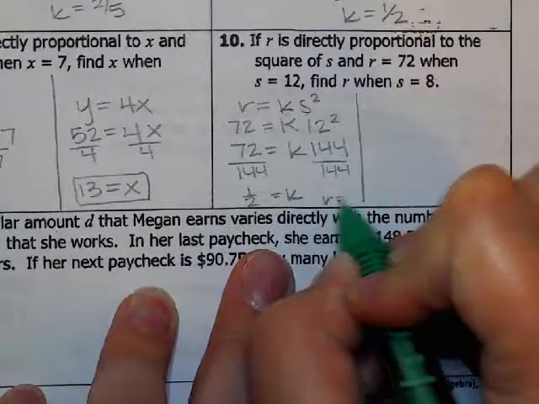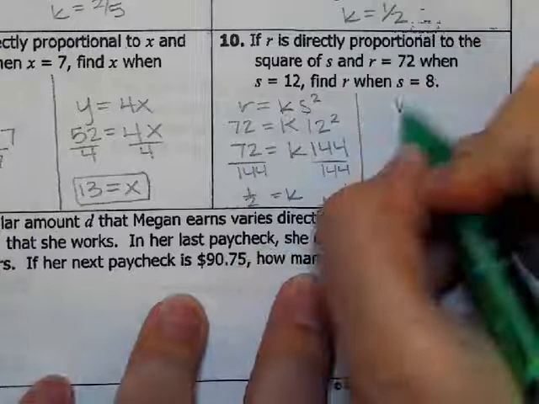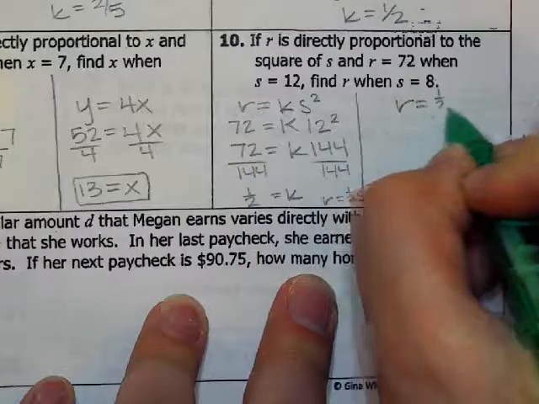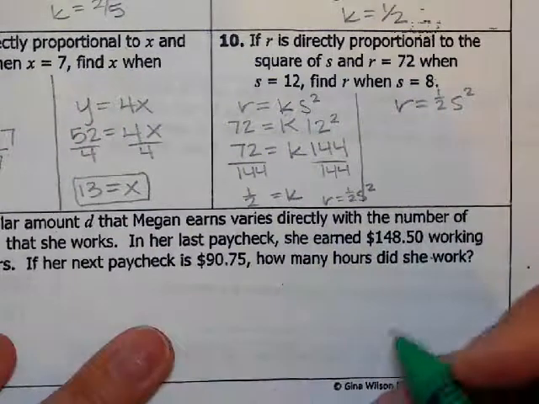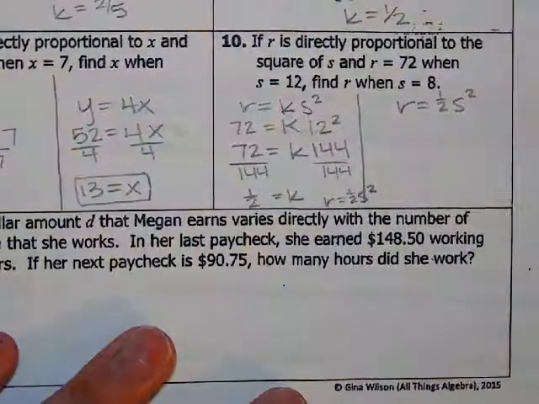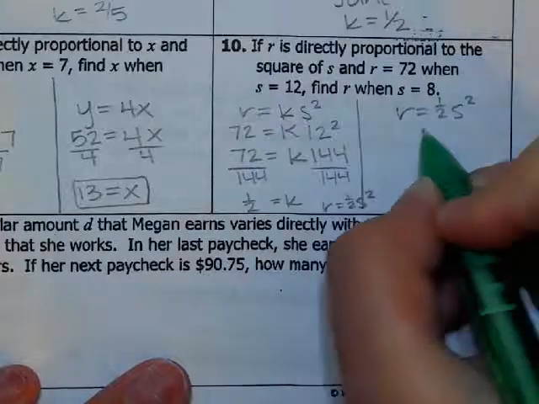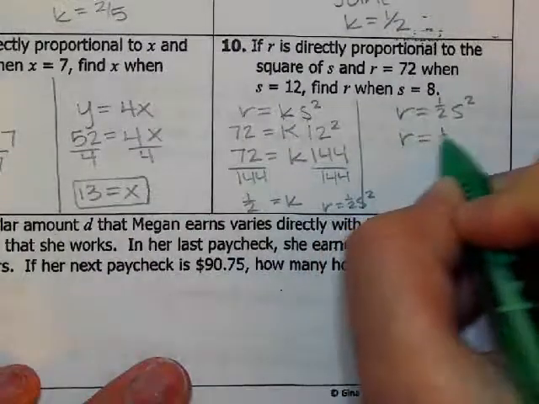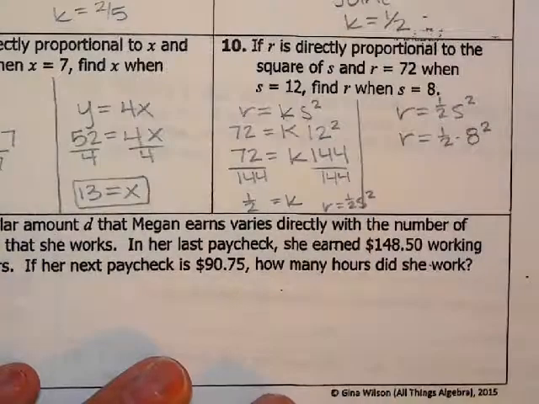All right, so what do we do now? Find R when S equals 8. Replace the S with an 8. So R equals 1/2 times 8 squared. So R equals 1/2 of 64. R equals 32.